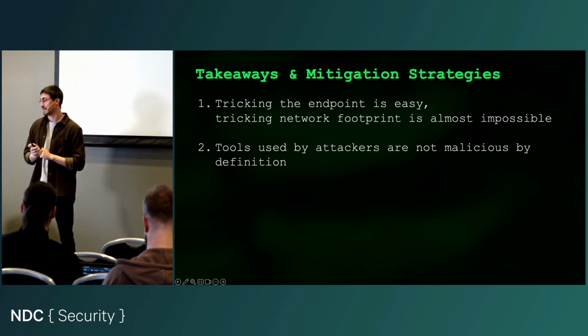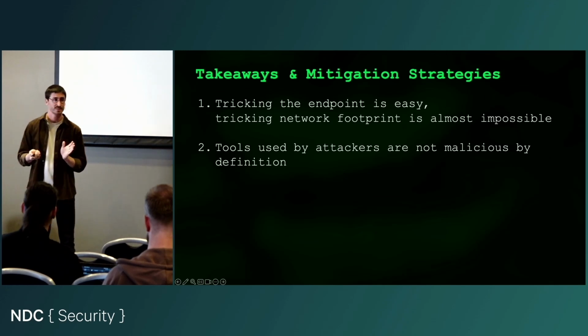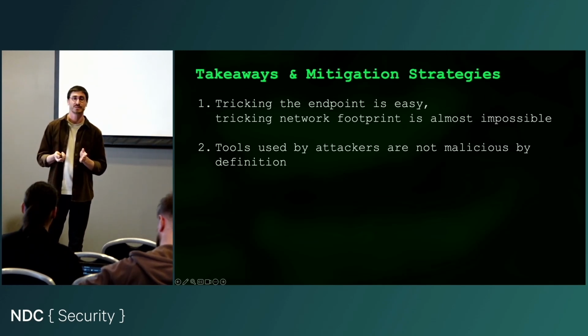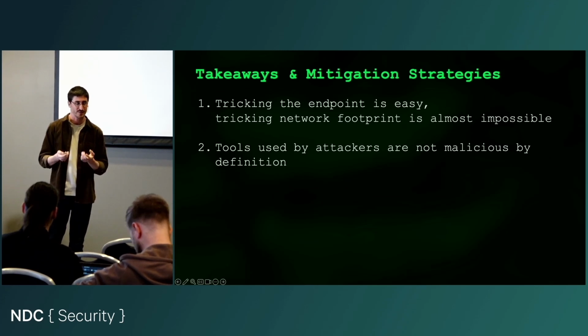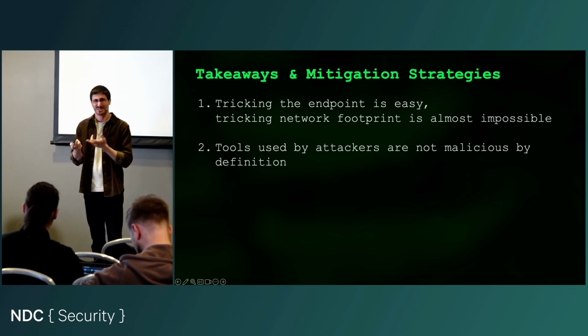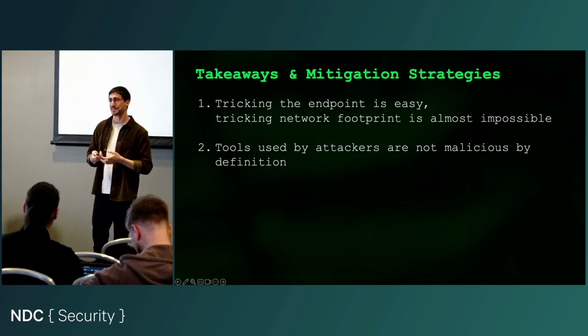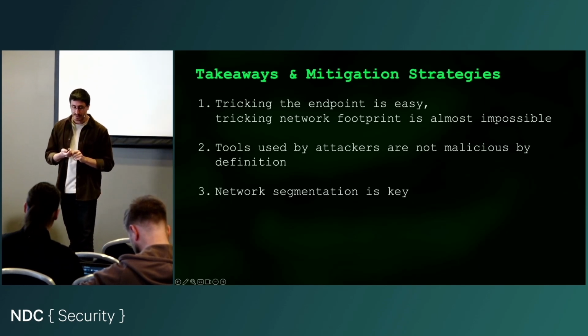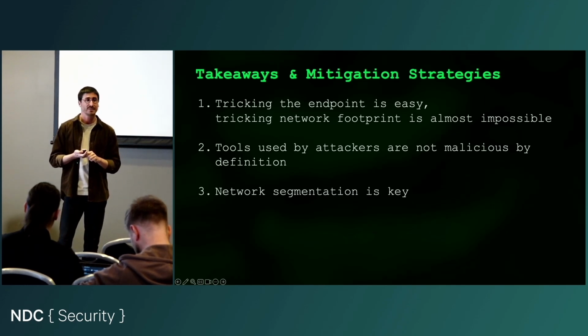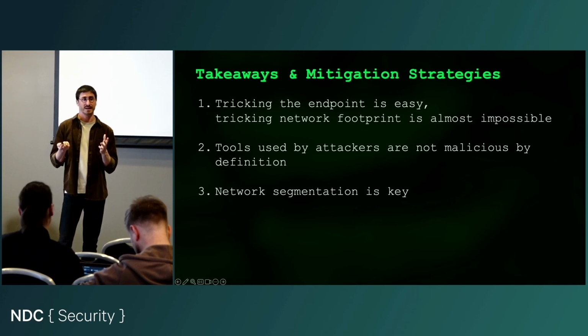Also, we saw that not all the tools attackers used are malicious by definition. There was only Mimikatz and evil.exe, but evil.exe is crafted, so it can be anything. There's a lot of usage of living off the land binaries, which leads us to think of how we can protect against this.